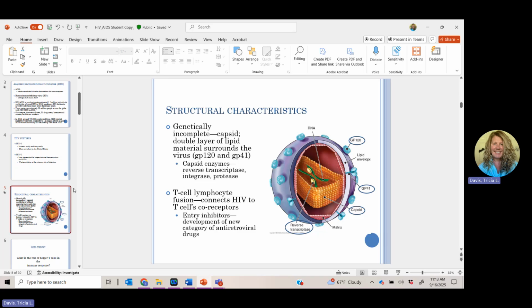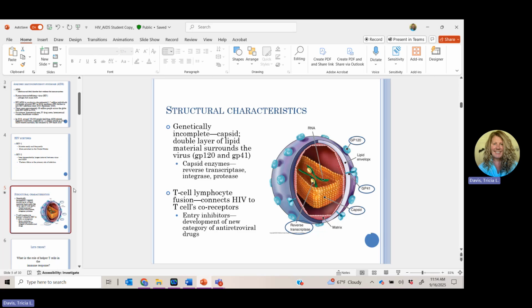You don't really need to know what's inside of these, but I want you to have a good understanding of how this process works, because the medications that we give work on these different areas. These enzymes are your protease, your reverse transcriptase, and your integrase. And these all play a very important role in how this cell divides.